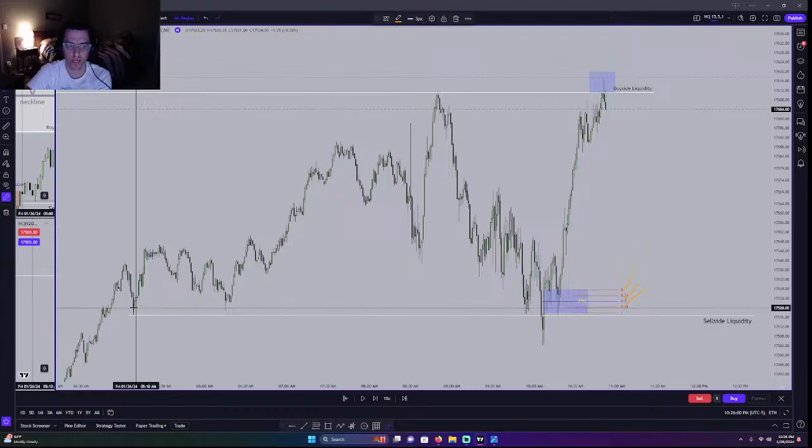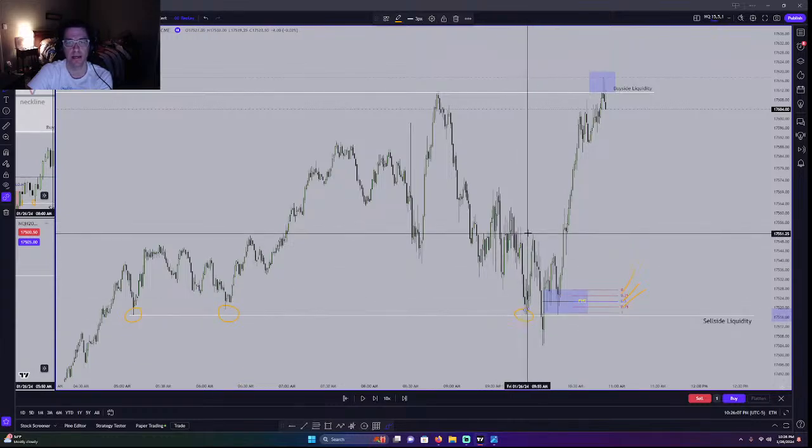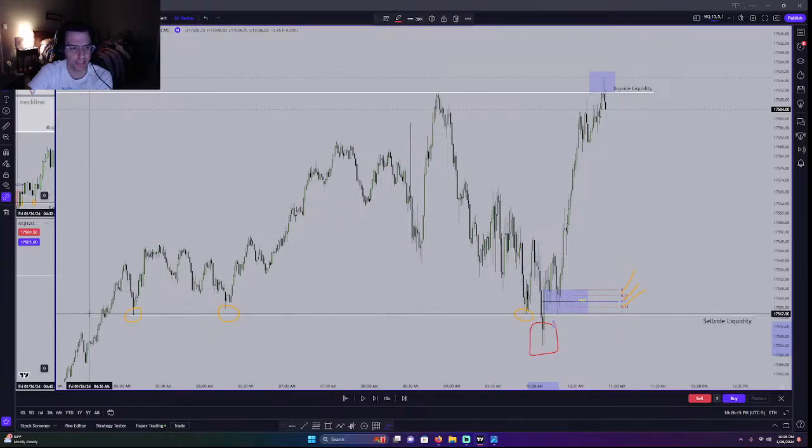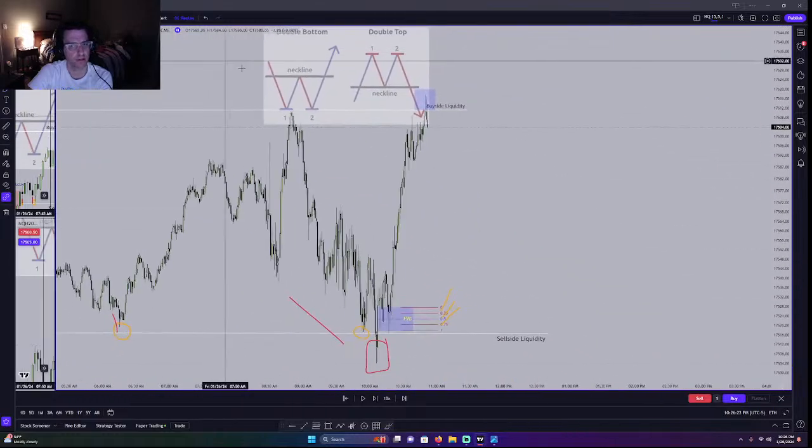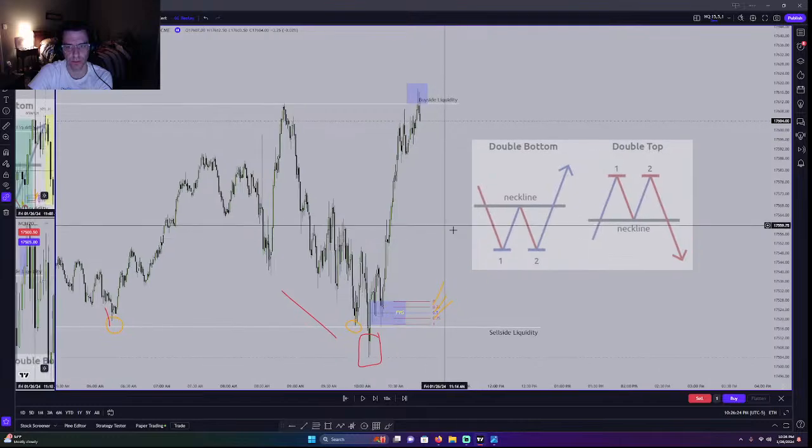And when they were saying that double bottoms was support, I believed it and I bought into that. And then I got stopped out every time. And I'm wondering, how come they're stopping me out right here when I did get in right here, and right here? Just keep in mind, double bottoms is support.